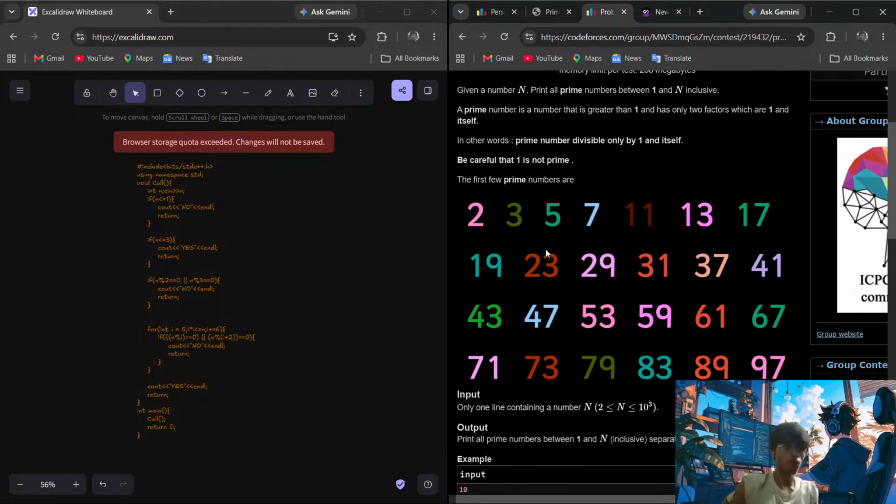Okay, so one thing I understand here is, wait a moment. I will open VS Code. I will paste the code there.